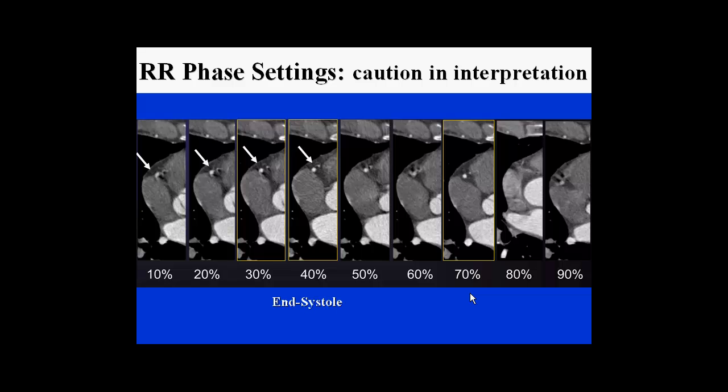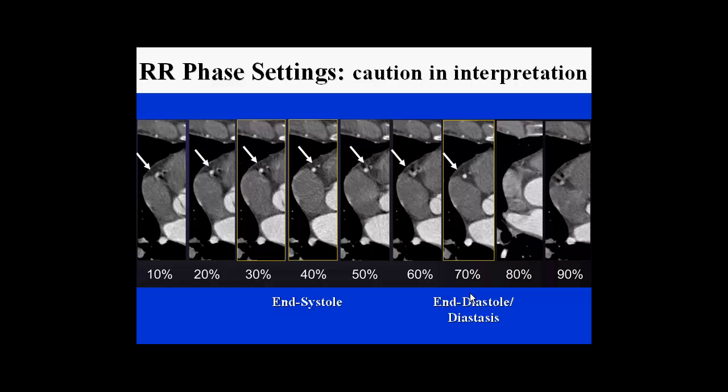At 40%, this is end systole, and I can see the crispness of this right coronary artery very well. At 50% and 60%, there is image blurring, and returning again at 70%, which is end diastole or diastasis, I see an incredible ability to look at the image.